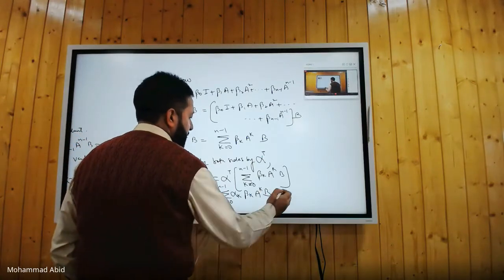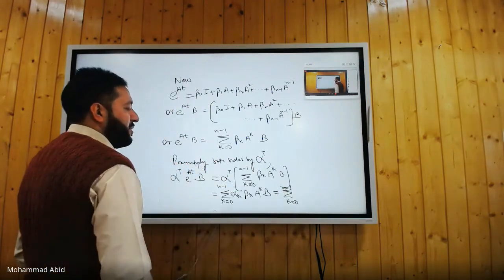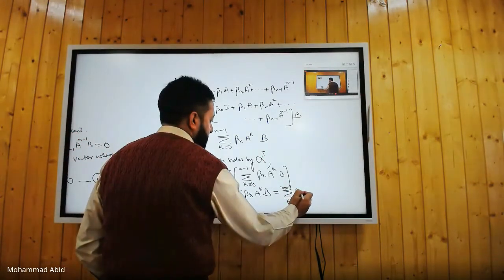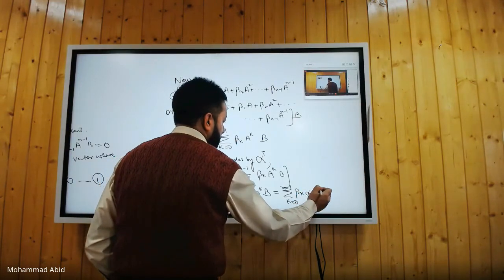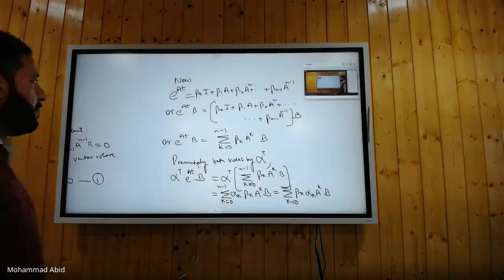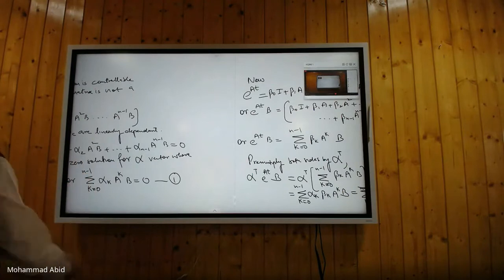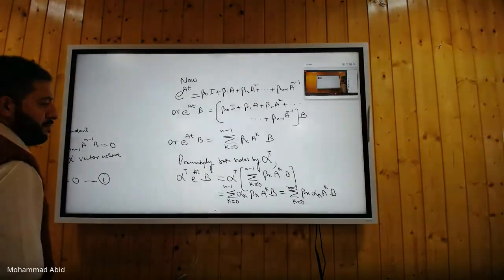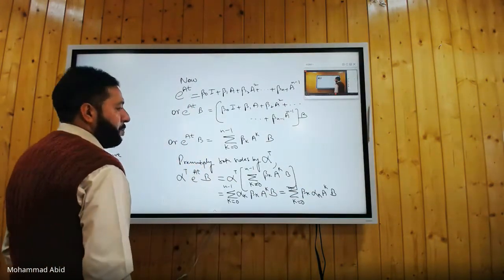So we can write this as summation of k is equal to 0 to n minus 1. Now you know this alpha k and beta k are scalars, so their order can be changed. I can write it like this, beta k, alpha k, A to the power k B. Now summation of k is equal to 0 to n minus 1, alpha k, A to the power k B is equal to 0 for non-zero alpha.